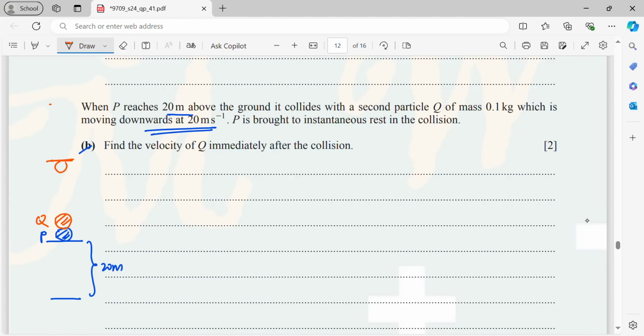So now, initial position, this is Q. So the Q actually moving downwards at 20 meters per second. That means the UQ is 20 meters per second. And then from here, right after collision, the P will be at rest. So I want to find out the velocity of Q immediately after the collision.